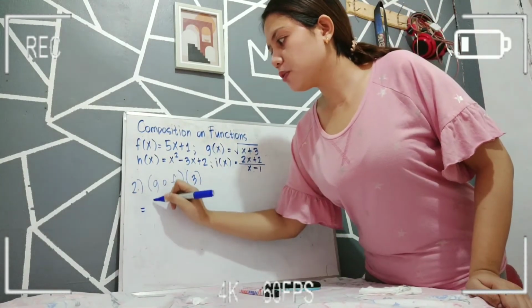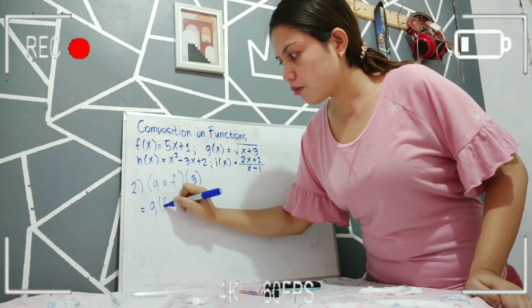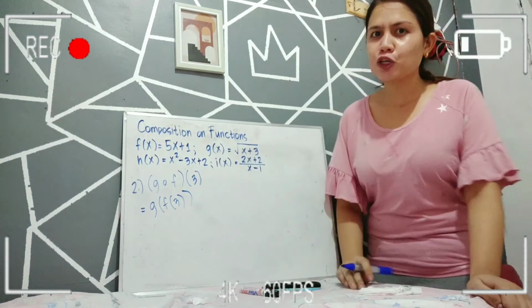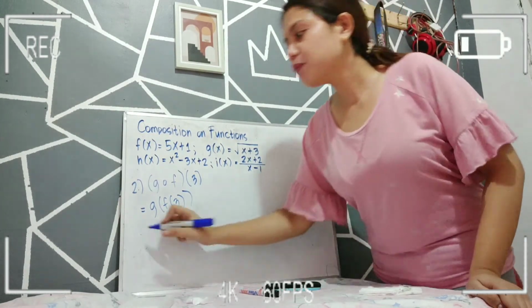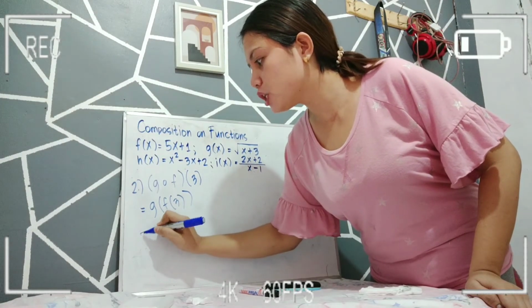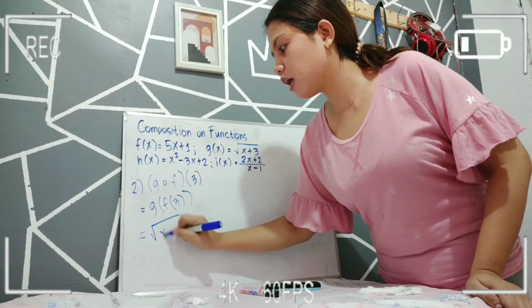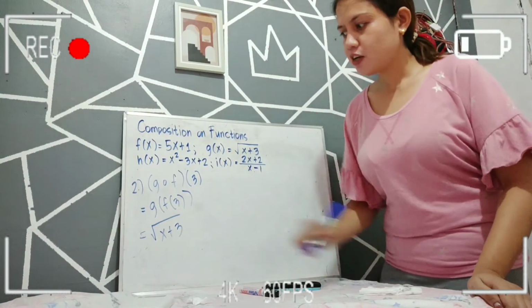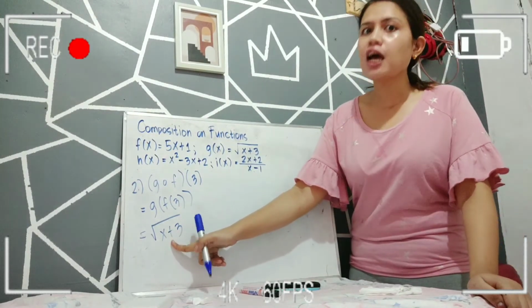First step is you need to rewrite it into its equivalent value. So, we have g of f of positive 3. So, unsa atong first function na isulat? It's the letter g. Unsay function under g of x? It's square root of x plus 3. Next, unsa ato ang isulod inside the g of x?